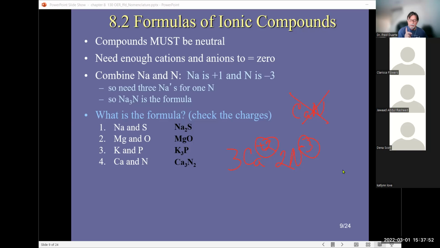Now, check this out. You didn't hear it here in this class, but I'm going to help you out. If you carefully look at the charge or the oxidation number of the nitride, doesn't that become the subscript of the cation? Yeah.